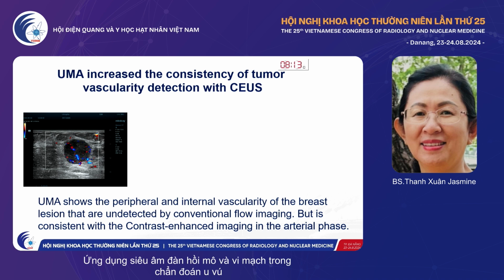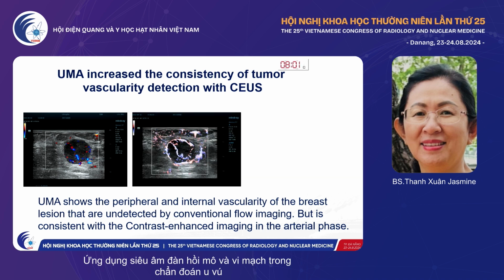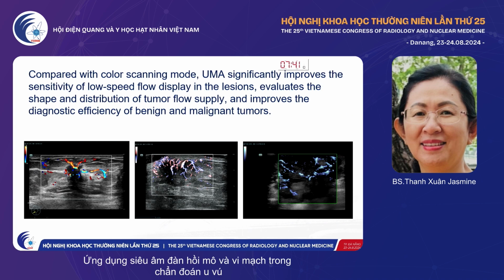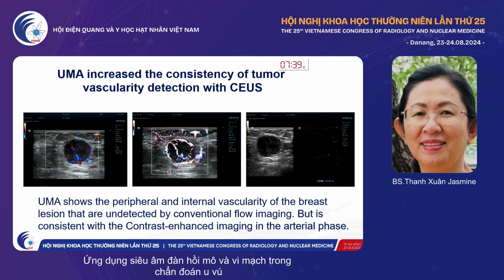Color Doppler ultrasound can only detect larger vessels but cannot detect very small vessels, while UMA has the ability to detect both. UMA can detect both peripheral and internal microvascularity of the breast lesion. Furthermore, its imaging is quite consistent with contrast enhanced ultrasound, CEUS.